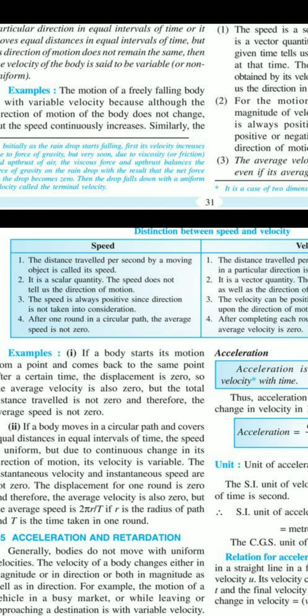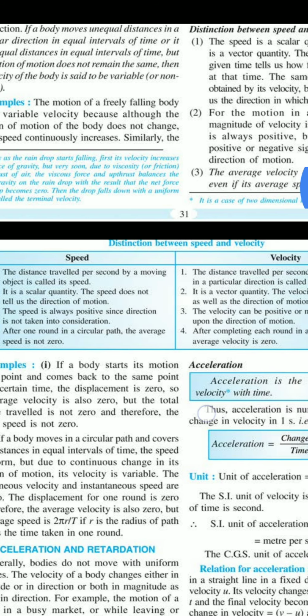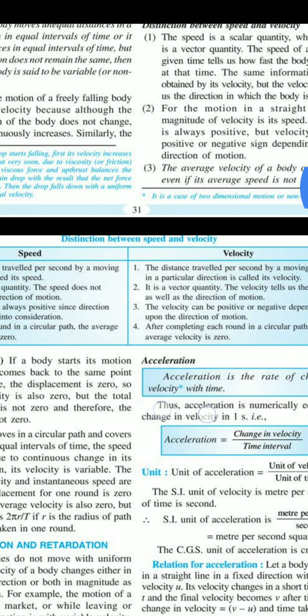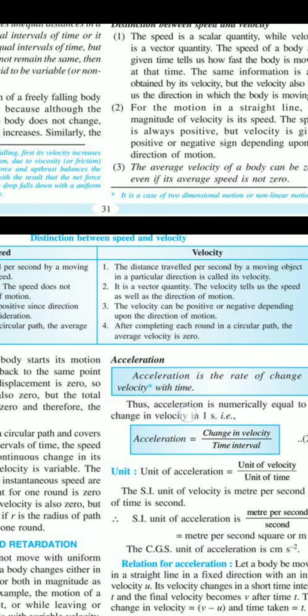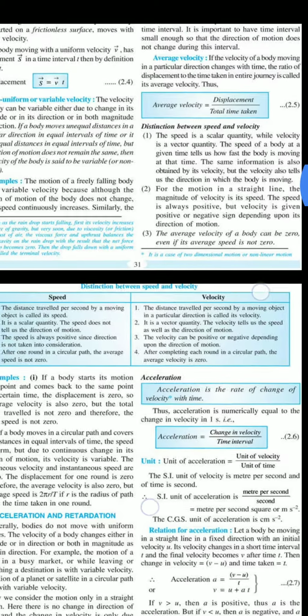Average speed will be the total distance traveled upon the time taken. So it can't be zero because distance can't be zero. But velocity, because when a body starts from a particular point and comes back to the same point, in a circular path the displacement will be zero, and therefore the average velocity is zero.